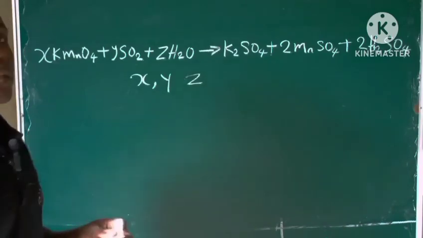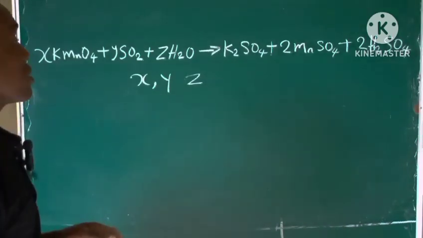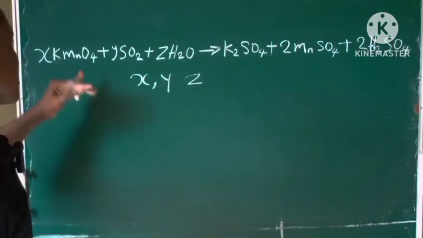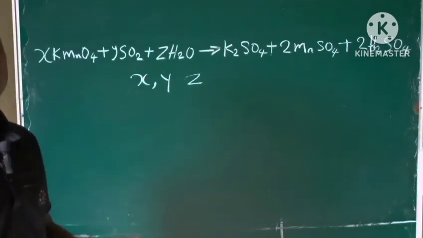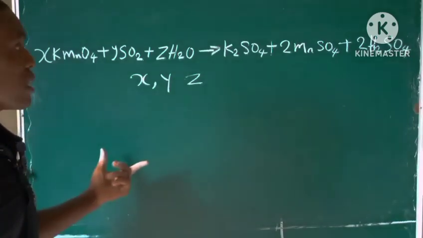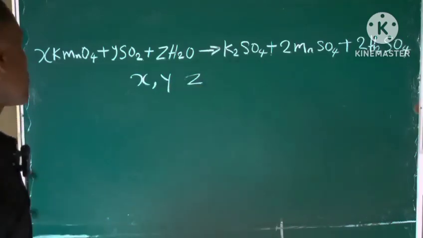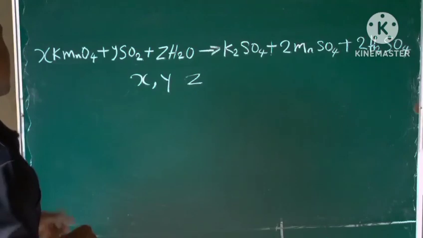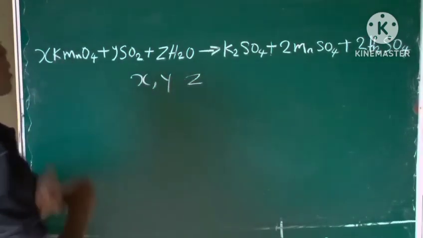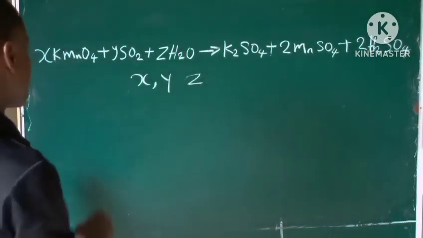Before you start balancing any chemical equation, the first thing to do is to write out all the given elements on your left side, and also do the same to your right side. So let's start from my left side. The first element here is potassium, right?